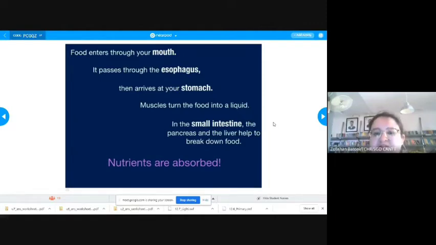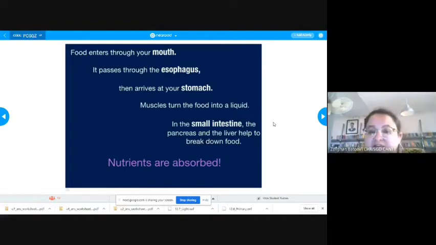Then the muscles churn the food into a liquid, and that liquid is transferred to the small intestine, and in the small intestine the food is further broken down by different types of enzymes, and ultimately the nutrients are absorbed into your bloodstream. All right.